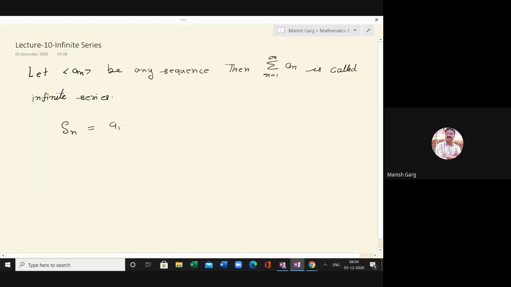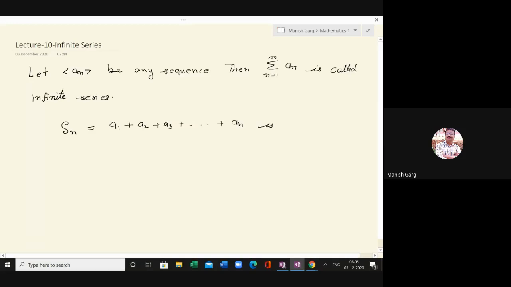If you take Sn, it is the sum of the first n terms, up to a_n. So that is Sn. What will be S_{n-1}? a1 plus a2 plus a3 up to a_{n-1}. So S1 is a1, S2 is a1 plus a2, S3 is a1 plus a2 plus a3.